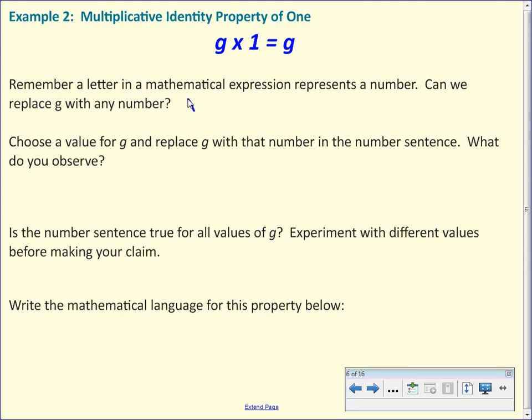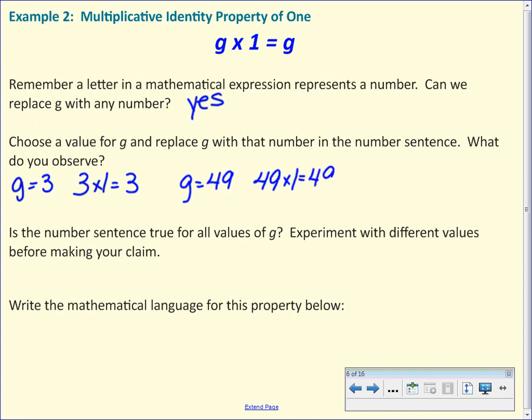Yes. So if G equals 3, 3 times 1 equals 3. If G equals 49, 49 times 1 equals 49. If G equals 13.1, 13.1 times 1 equals 13.1.